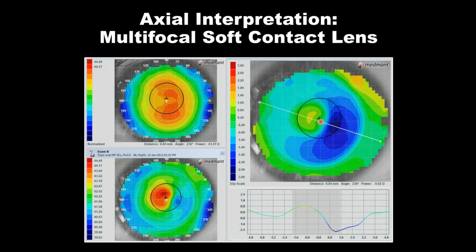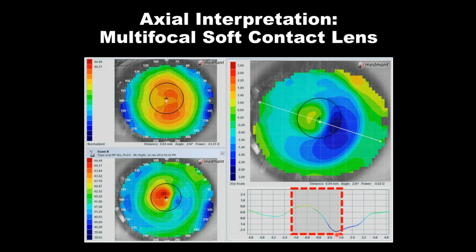So this is something we're obviously not too happy about, and this might suggest why the patient isn't getting perfect near and distance vision. If we focus in on the pupil and understand this area within the dotted red line, notice the asymmetric distribution of power.